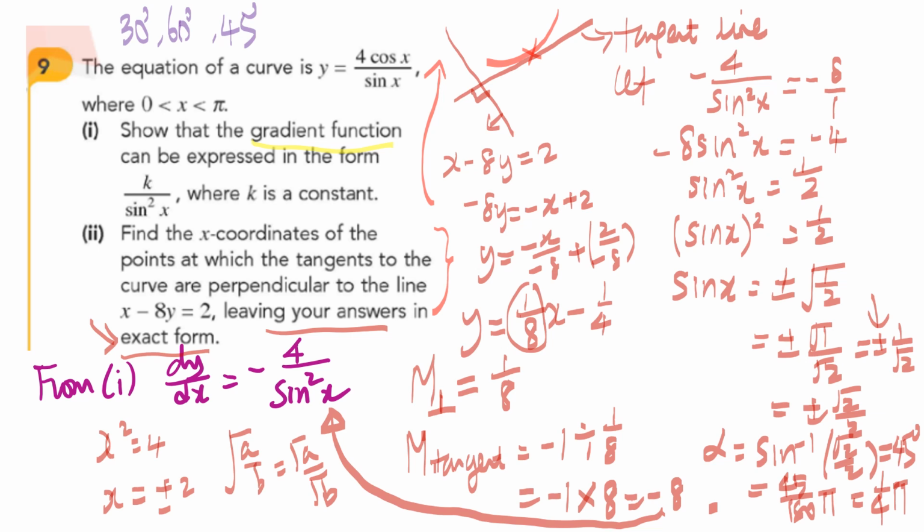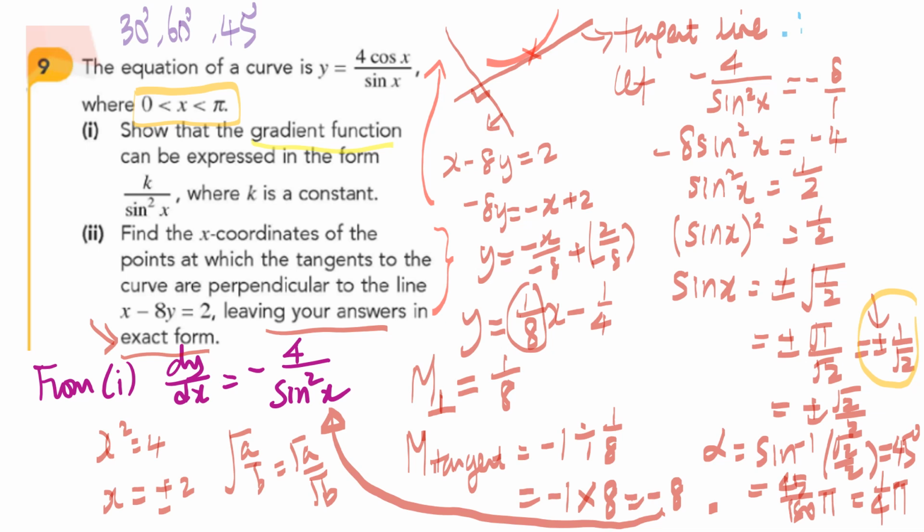However, let's read the question again. The question says that the values of x, they only want to restrict it to the first and the second quadrant. So even though you can have the values of x from first, second, third, and fourth, we only restrict it to first and second quadrant.